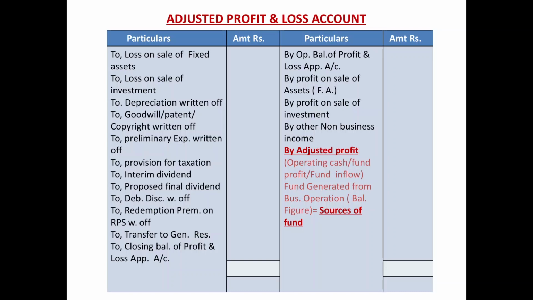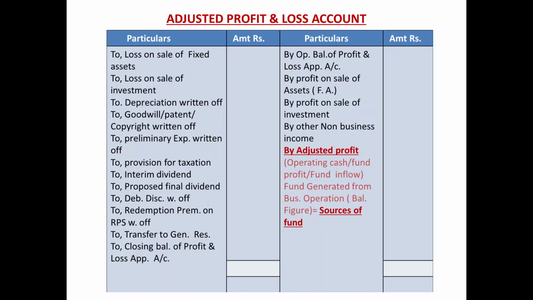While on the right hand side, credit side, after the opening balance, come profit on sale of fixed assets, profit on sale of investment, and other non-business income, if any, recorded in the given profit and loss account by the company. Then by totaling the two sides, you will get the adjusted operating profit, operating cash or fund profit, which would be the fund flow generated from business operation.